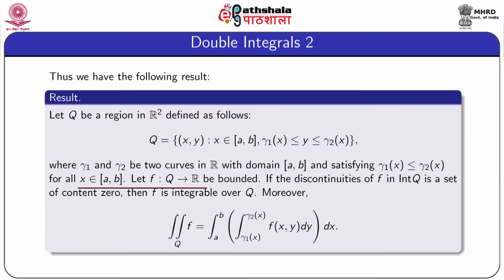Let f from Q to R be bounded. If the discontinuities of f in the interior of Q form a set of content 0, then f is integrable over Q. Moreover, the integral of f over Q equals the integral from a to b of the integral from gamma 1 of x to gamma 2 of x of f (x, y) dy dx.